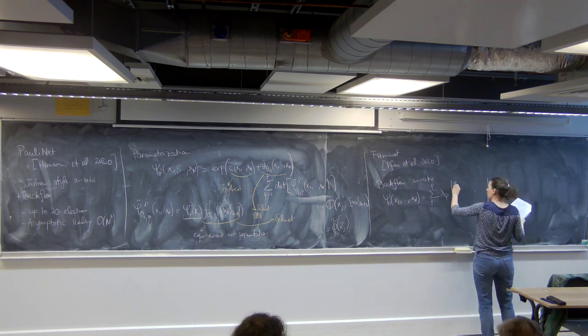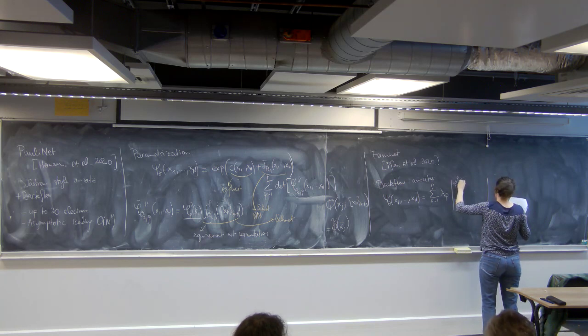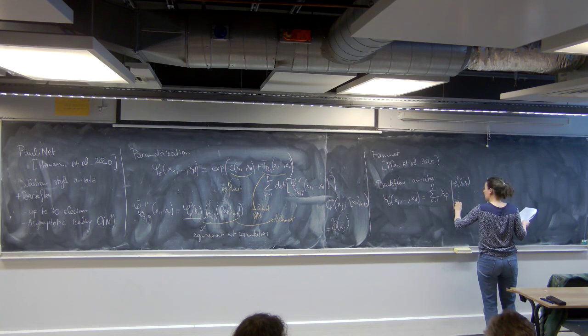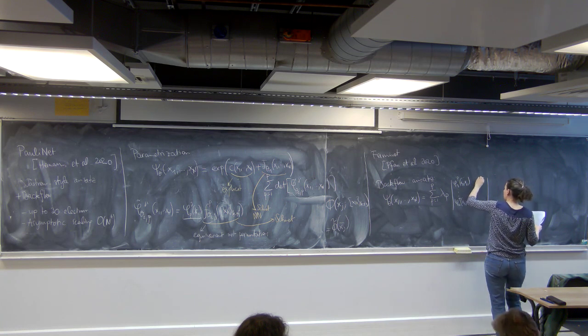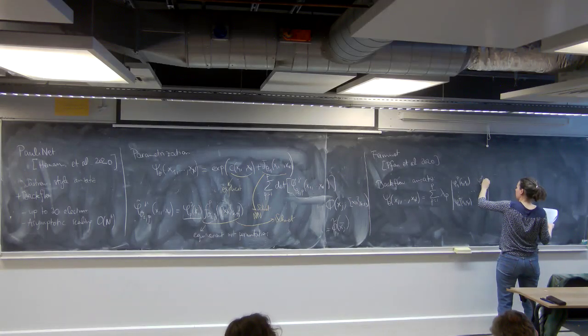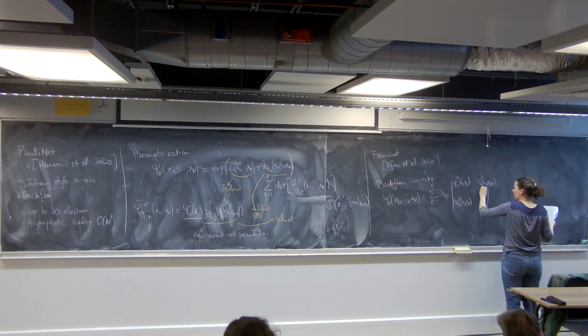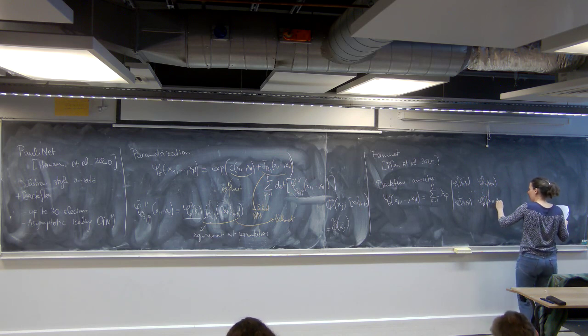So I write it like this: phi_1(x_1, x_1^0) up to phi_np(x_1, x_1^0), and so on, up to phi_1(x_n, x_n^0) up to phi_np(x_n, x_n^0).